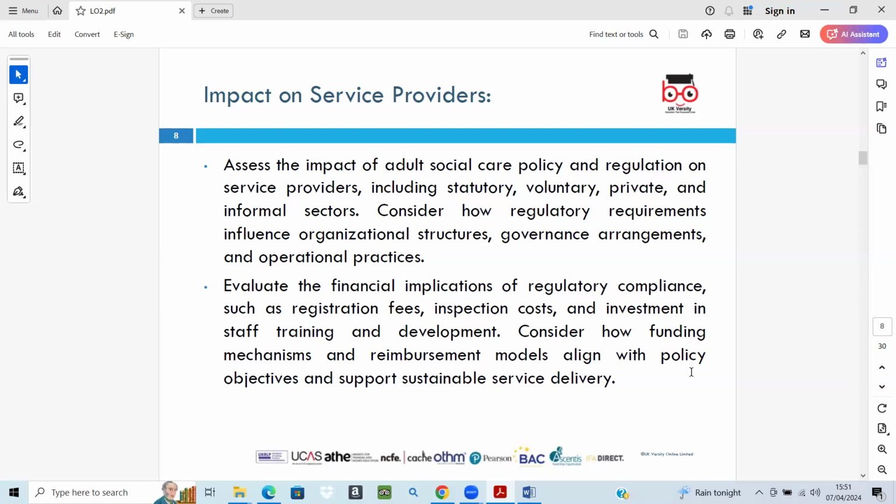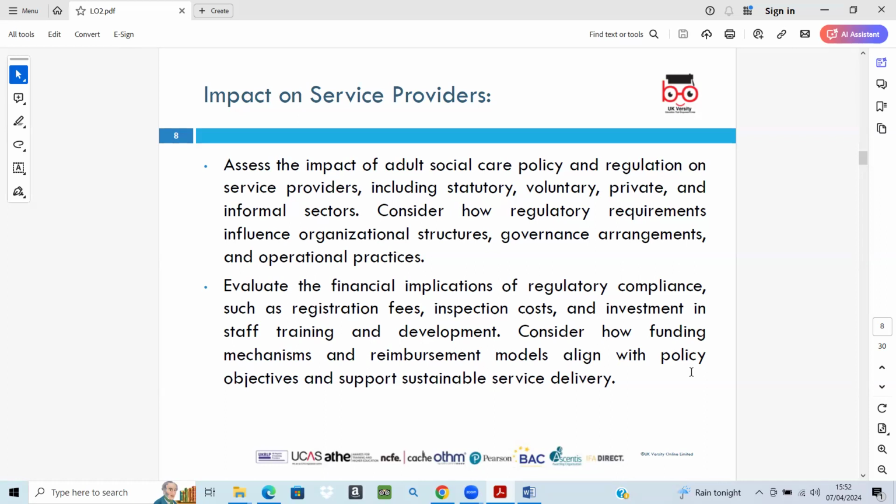As we discussed in the previous lecture, the statutory, voluntary, private, and informal sectors, we need to consider how they follow the regulatory requirements, and also how they influence organizational structure, governance arrangements, and operational practices. And the financial bit is again very important, because without finance, no one can work. Even the employees and the employer, everyone needs money. So this is again a really important factor.